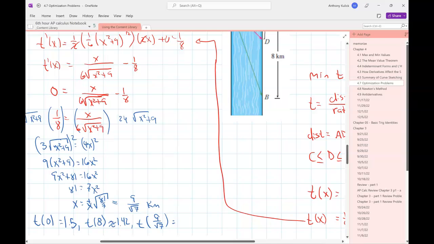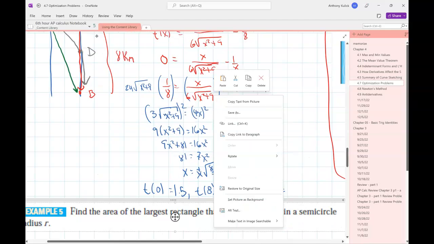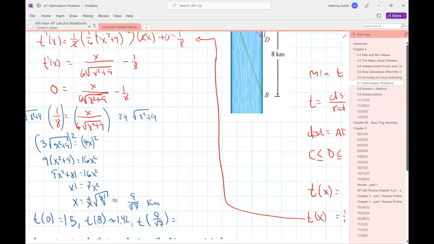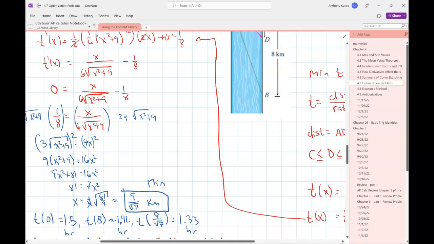And then the other one, if I plug in 9 over root 7, oh boy. Is that 1.42 or 142? 1 point... So those are hours again, remember? Oh, yeah. And then if I plug the last one in, I get 1.33. So this is my minimum.